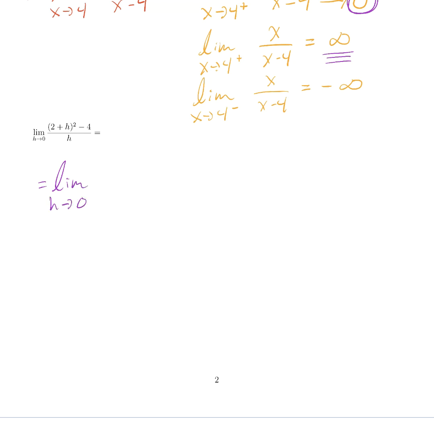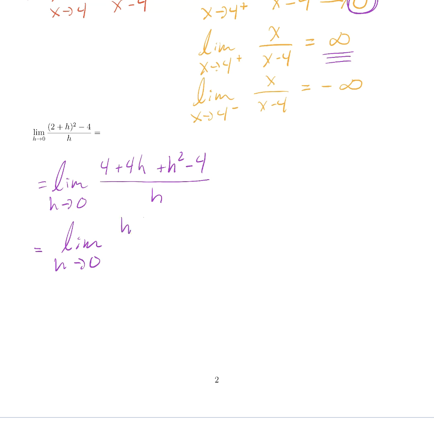Let's multiply out. We can't factor anything in the numerator, so let's multiply it out. We get 4 plus 4h plus h squared minus 4 all divided by h. We can do some more algebra. Again, bring the limit notation along. We're asking about the behavior near 0, not exactly at 0. In that numerator, the 4's go away.